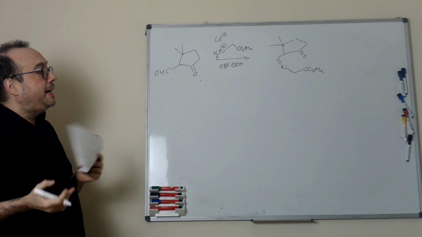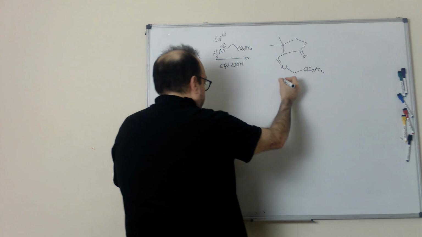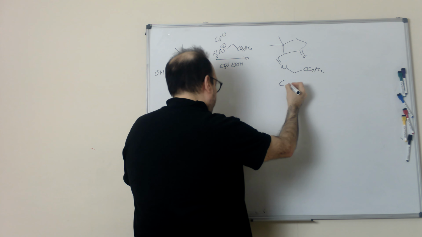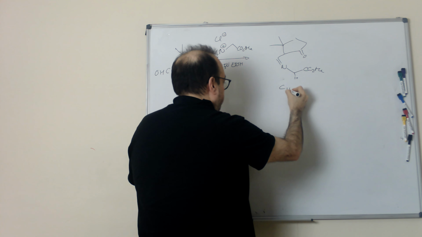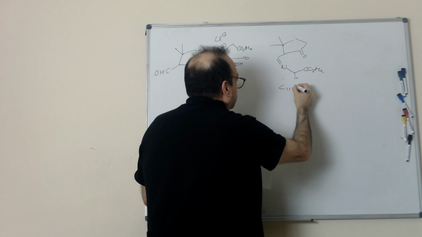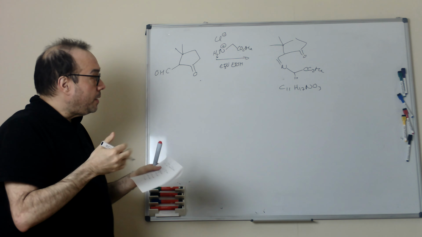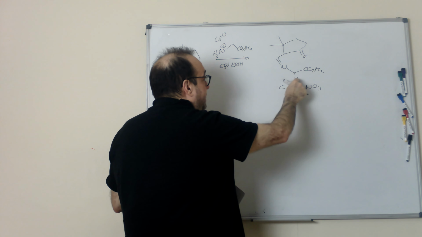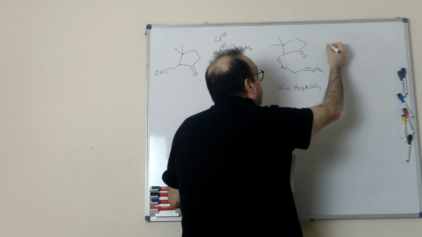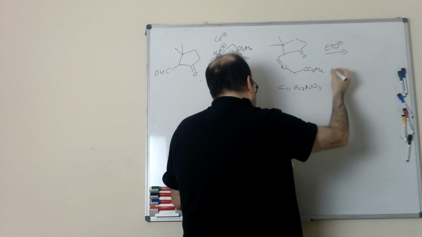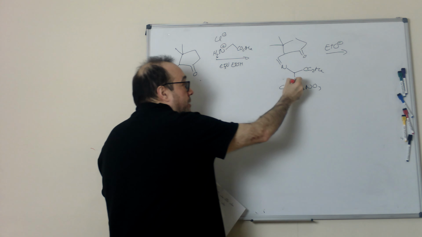We have this imine, and then what could happen is that we have here a hydrogen. What is happening is that this hydrogen is very acidic. When we add ethoxide, we remove this proton.